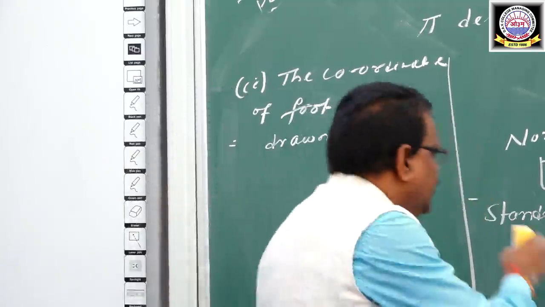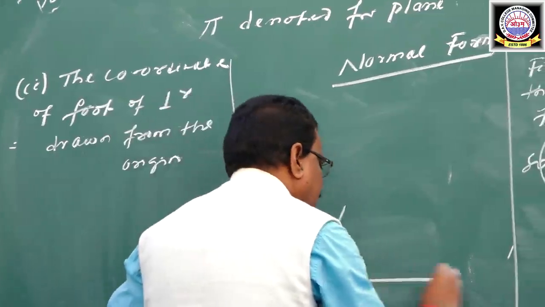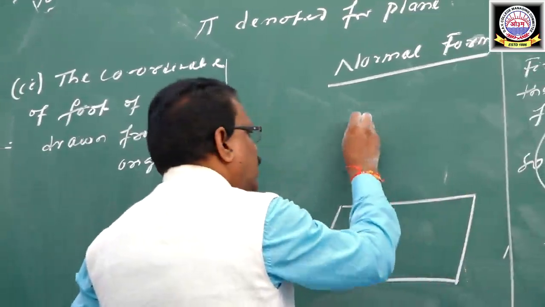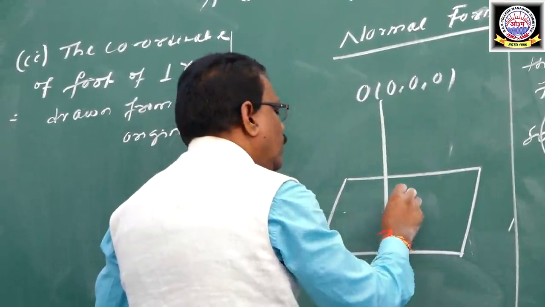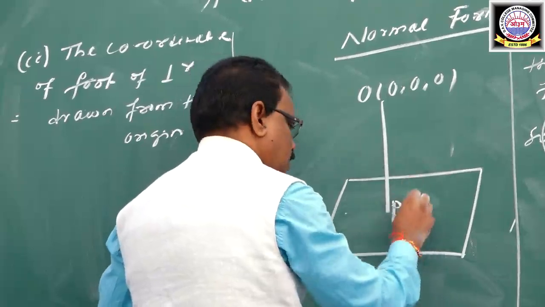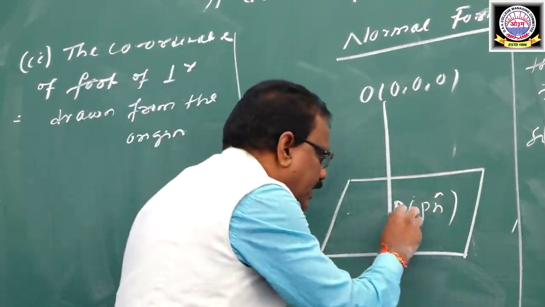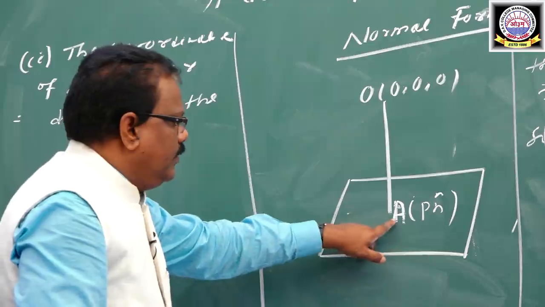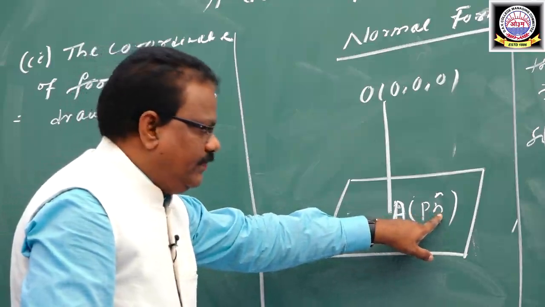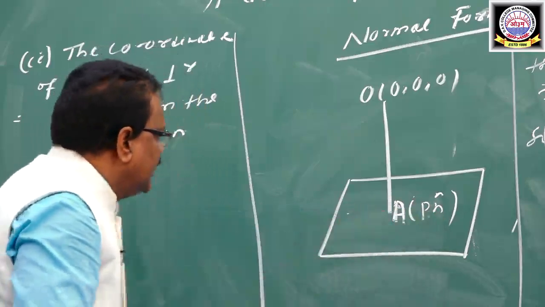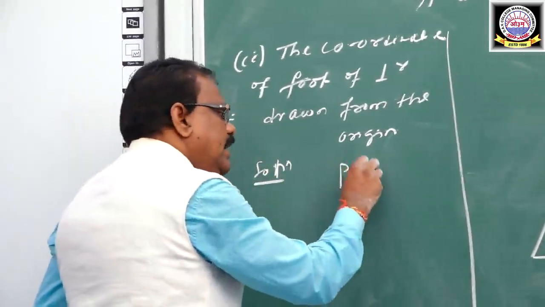You just observe for 1 minute, you can understand. I am drawing the figure. The origin is here, 0 0 0, and it was p already, and you know this is p n cap. So the point A is the foot of the perpendicular, and its coordinate is p n cap. So directly by using this concept, I can write the solution. Your answer is p n cap.